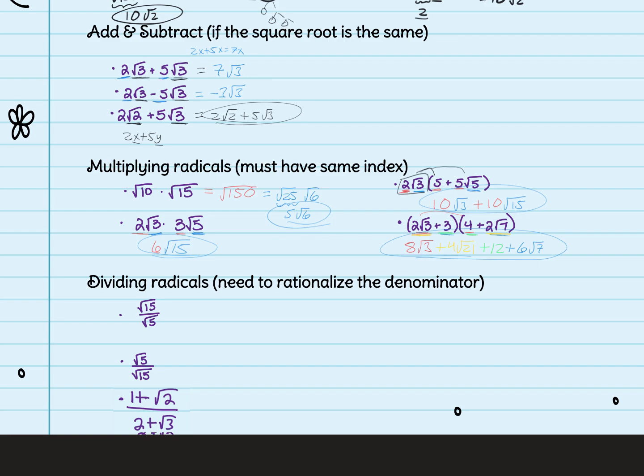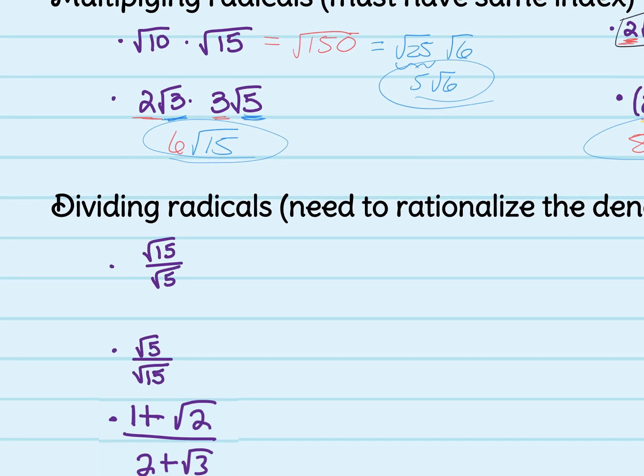All right, and so 3 more examples. Right, so dividing radicals, here we have to rationalize the denominator. Right, so this first example, square root of 15 over the square root of 5. Right, so to rationalize the denominator, you're going to multiply the top and the bottom by the denominator.